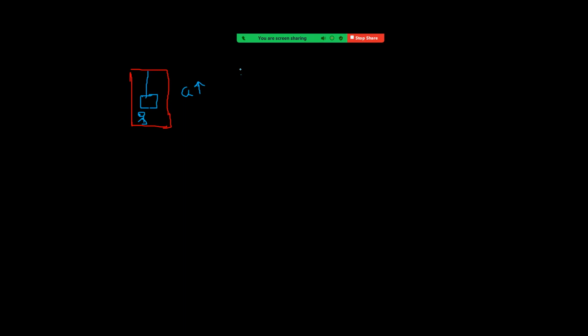I am taking suffix p for pseudo force, that is equal to mass of the block into acceleration of the reference frame, including the direction, minus m a. This is the calculation of pseudo force.